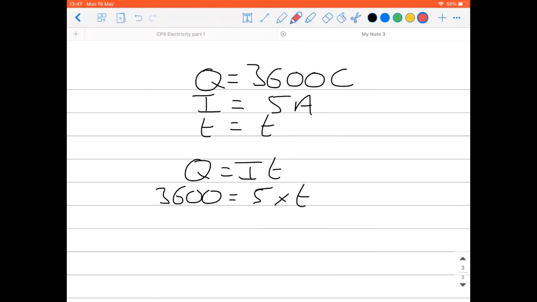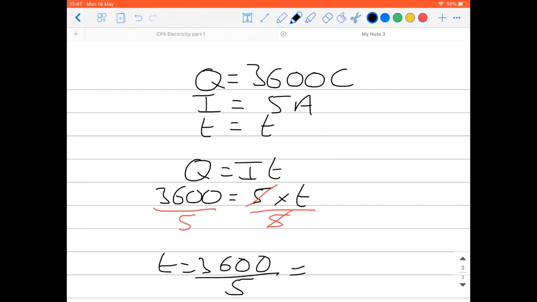Again, I need to change the subject. I'm multiplying by 5 here, so I'm going to divide by 5 on both sides. And then I'm going to rewrite it, so T is 3,600 divided by 5, and it's perfectly alright to use a calculator for this because you are not expected to know it yourself.